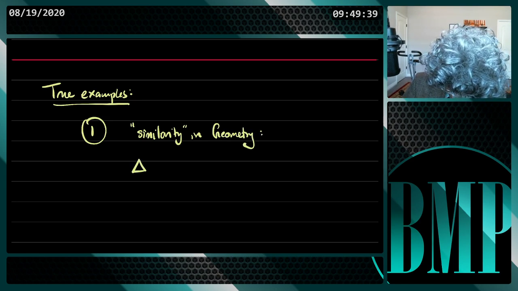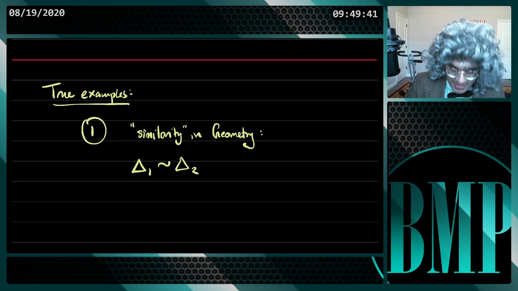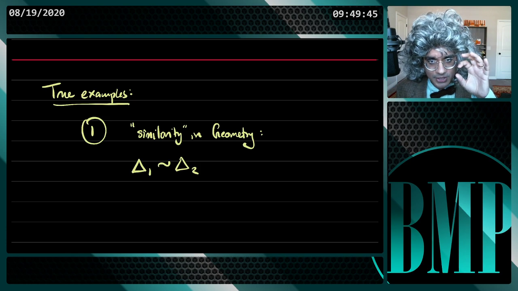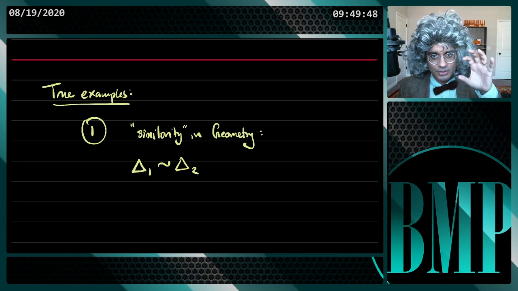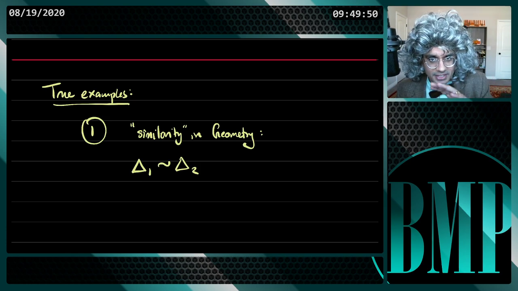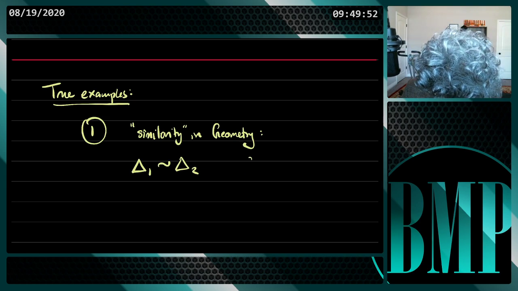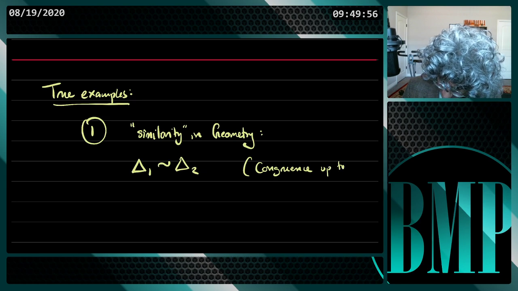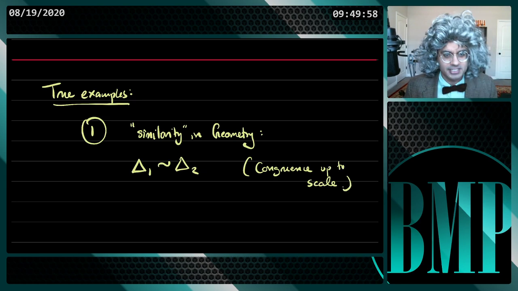Triangle 1 is similar to triangle 2 if there's a scaling factor such that when you scale and rotate and shift, you get the other one. So it's just like congruent up to scaling. That notion, two triangles being similar.